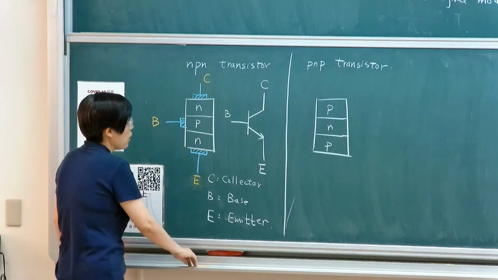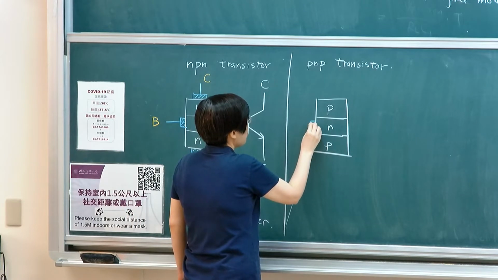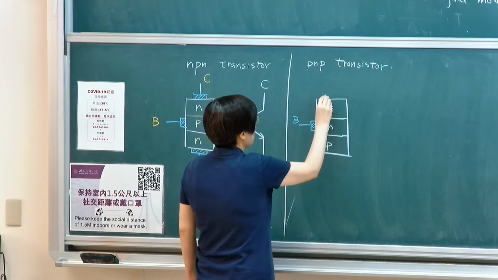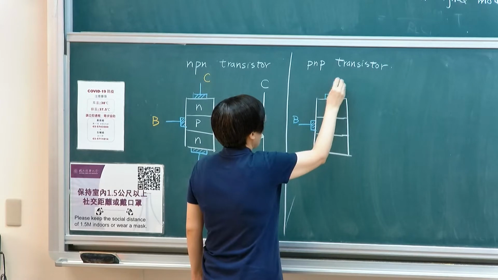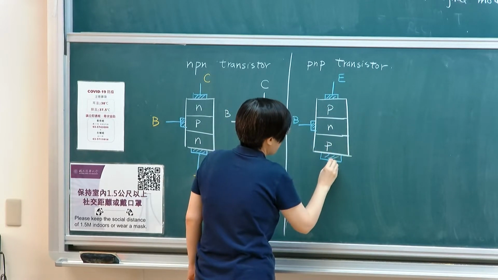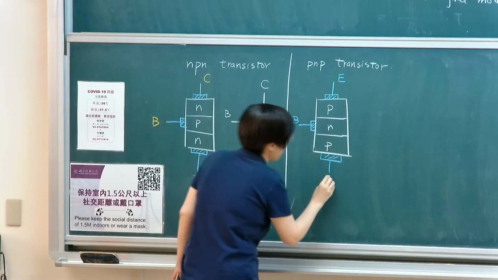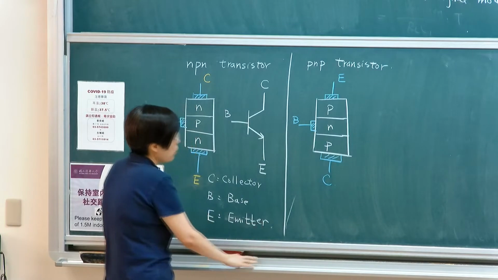Of course, you still connect them out. So the center is still the base. And then I will have the emitter on top, mostly. I will explain why in a bit, because of the connection and the current flowing direction. Collector at the bottom.